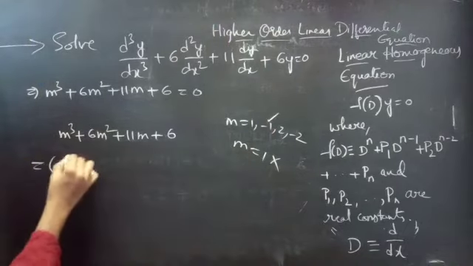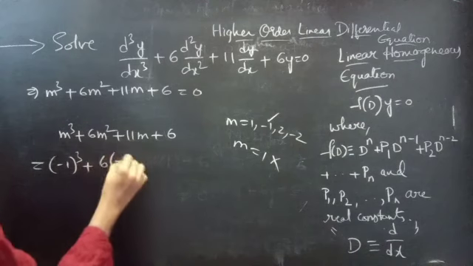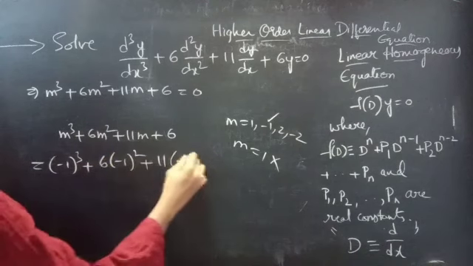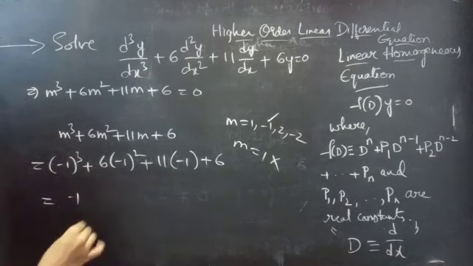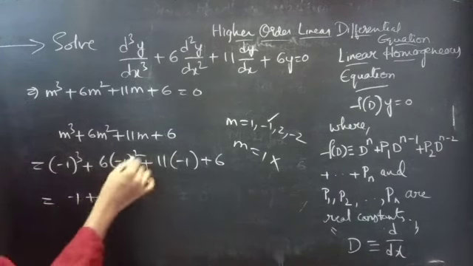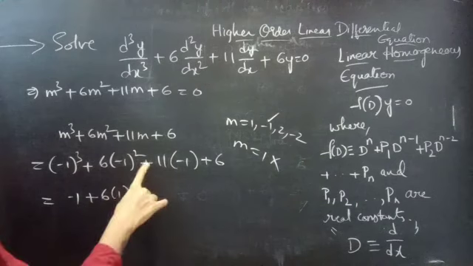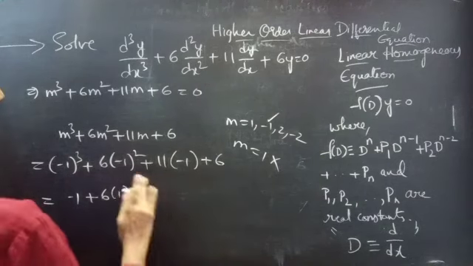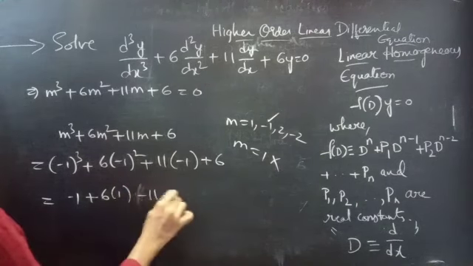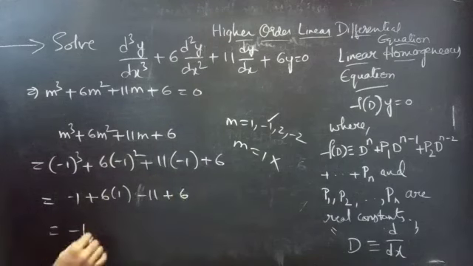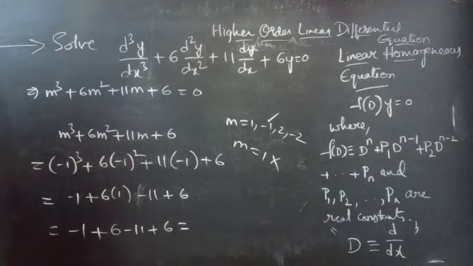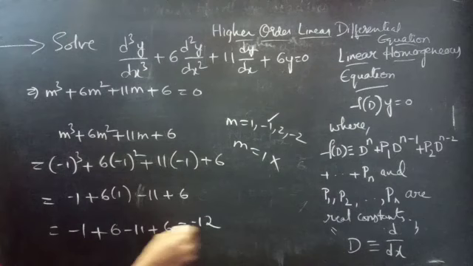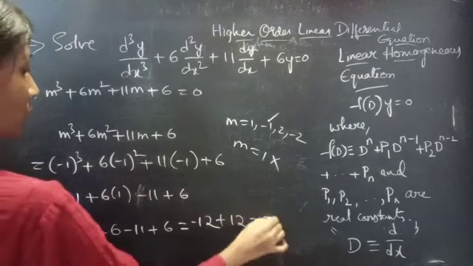Then you'll get minus 1 cube is minus 1, plus 6 into minus 1 square is 1, plus 11 into minus 1 is minus 11, plus 6, which is equals to minus 1 plus 6 minus 11 plus 6, which is equals to minus 12 plus 12, which is equals to 0.